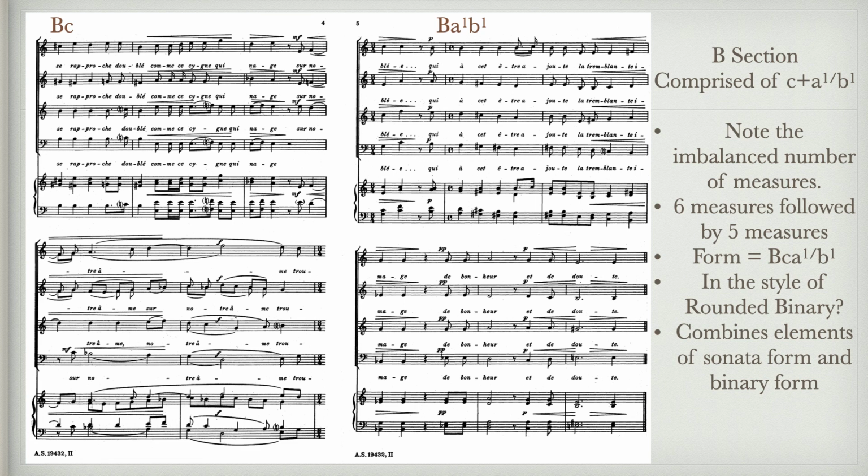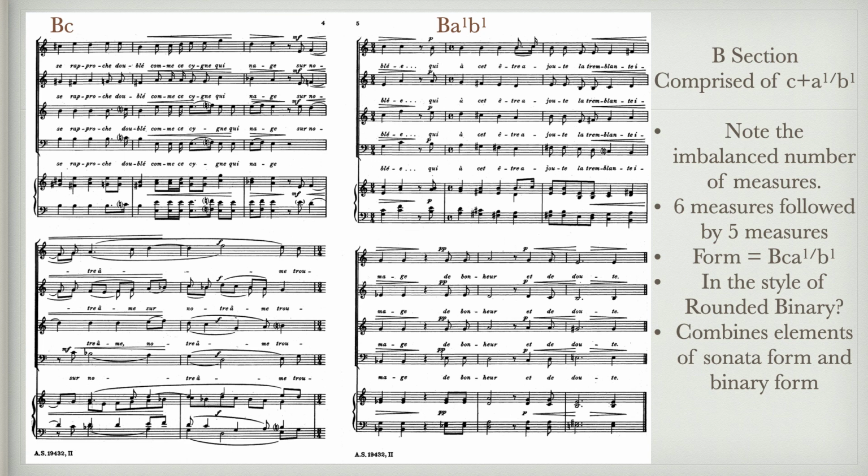It's really hard to know which one you are dealing with. It would be more accurate to just classify this as binary form because it really feels like two equal sections, but you could potentially analyze this as sonata form if you really view that C section as a development of the introductory material.